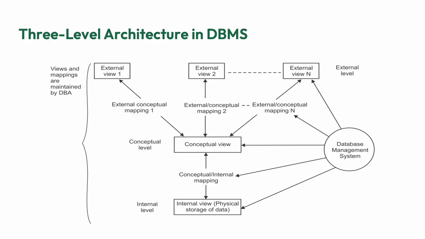We have external view 1, external view 2, external view N, and some mapping between the conceptual level and internal level. We will check one by one, okay? We will discuss one by one.